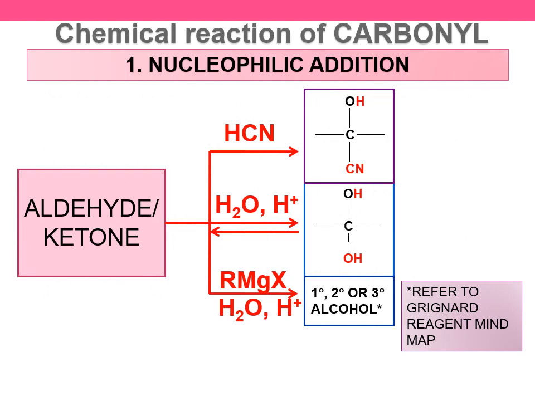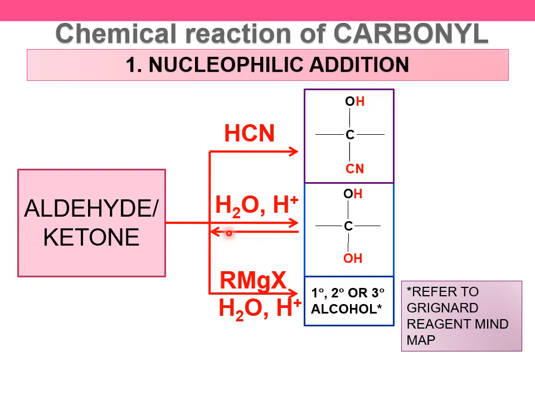Let's open the mind map now. The first reaction for carbonyl that we're going to learn is nucleophilic addition. There are three reactions. Number one is the reaction of aldehyde and ketone with HCN. HCN is the reagent, hydrogen cyanide. And then the second one is H2O, H+.